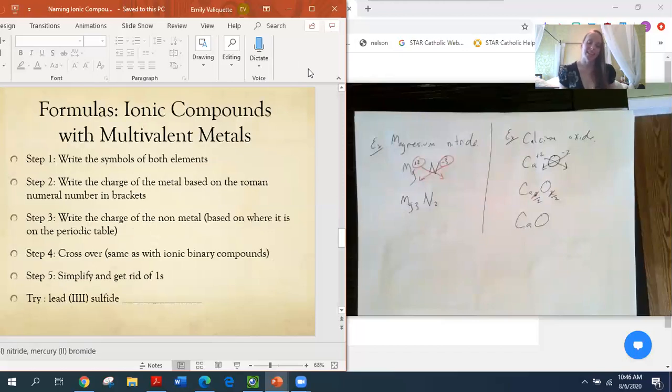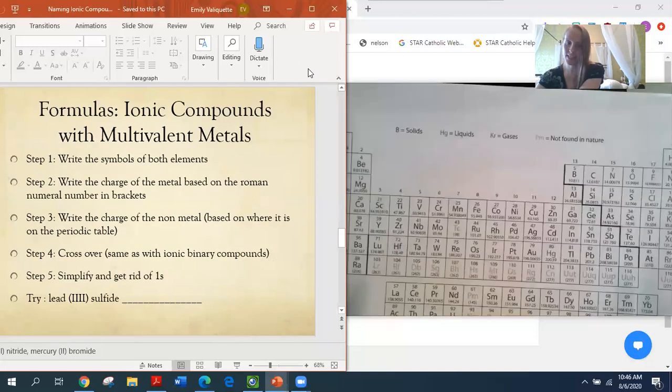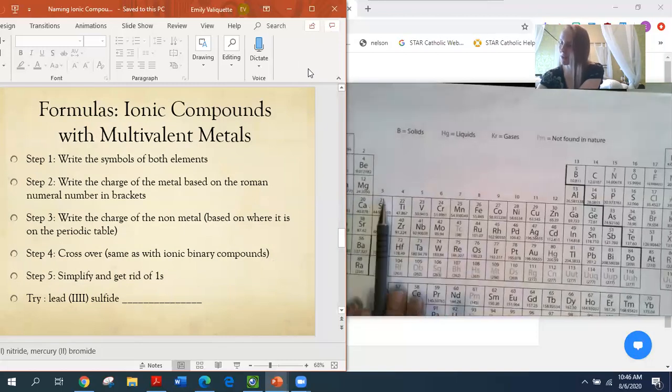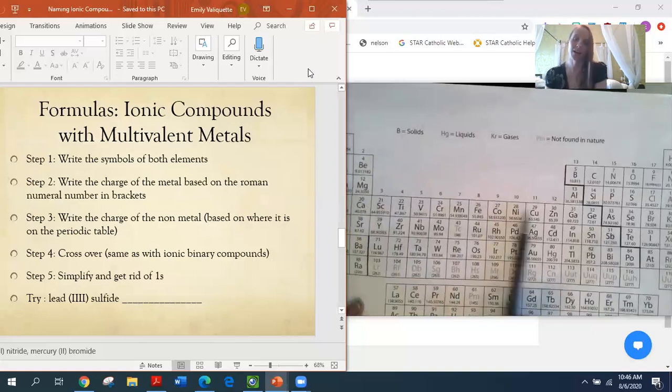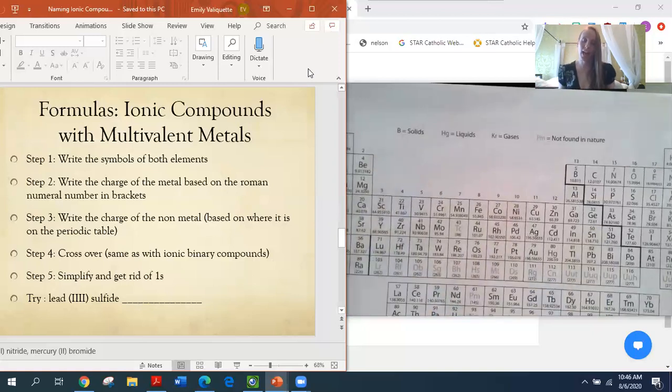Okay, it does get a little bit trickier when it comes to our multivalent metals. Multivalent metals are metals that exist in this transition metal zone, so in this dropped down area and all under the staircase. Some of those transition metals can have more than one possible charge, and if that's the case, we call them multivalent metals.